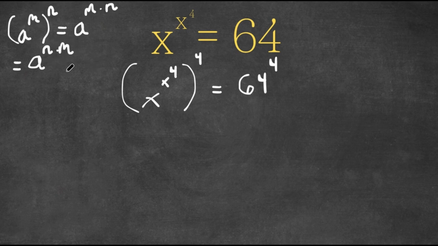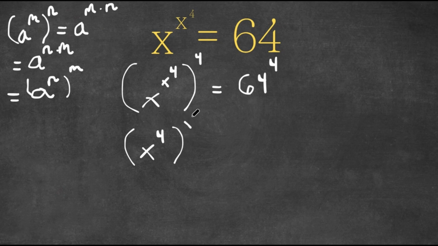Meaning I could rewrite this as a to the power of n to the power of m. So right here, as you see, we have x to the power of x to the power of 4, to the power of 4. Think of x to the power of 4 as m and 4 as n. I could actually switch the places of these two, meaning I could rewrite this as x to the power of 4 to the power of x to the power of 4.